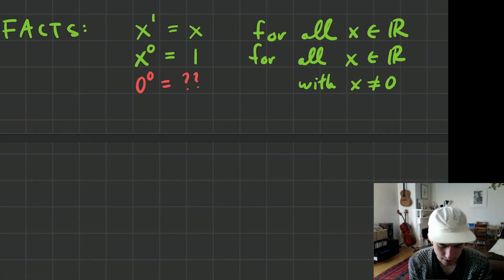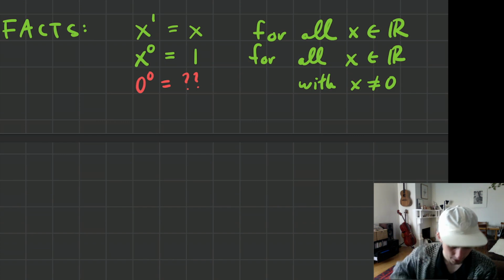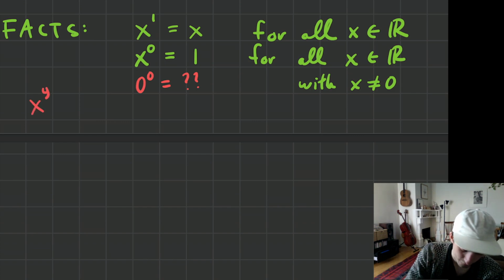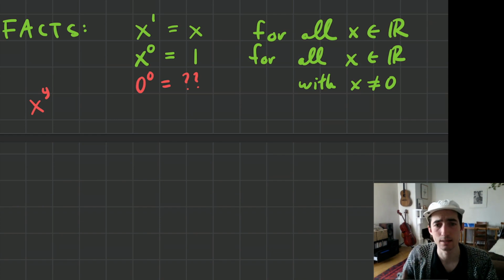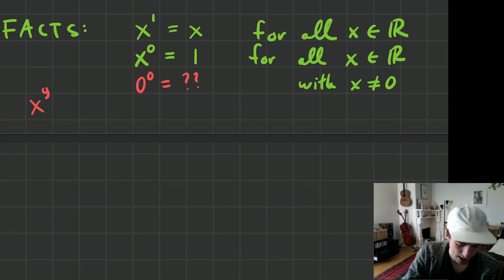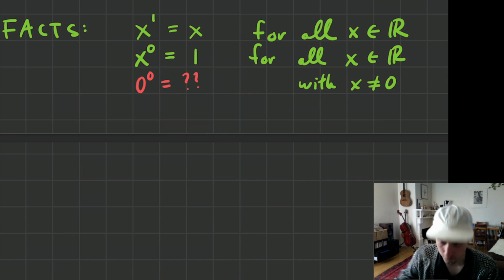So right out the gate, if you just look at 0 to the power of 0, then it doesn't make any sense. But in some situations, like when these are variables, if you have something like x to the power of y, and it's in some kind of context, sometimes 0 to the power of 0 can be equal to something. But that is a topic for calculus.